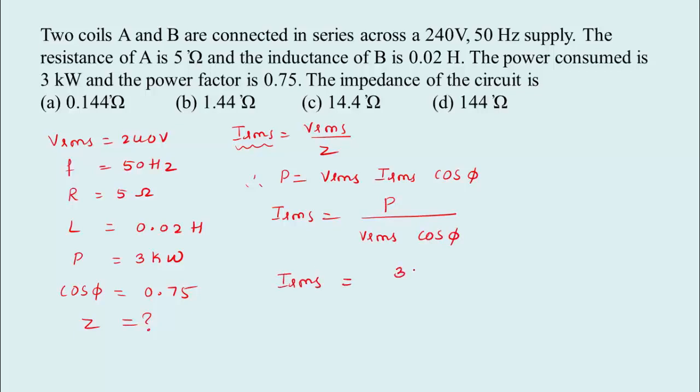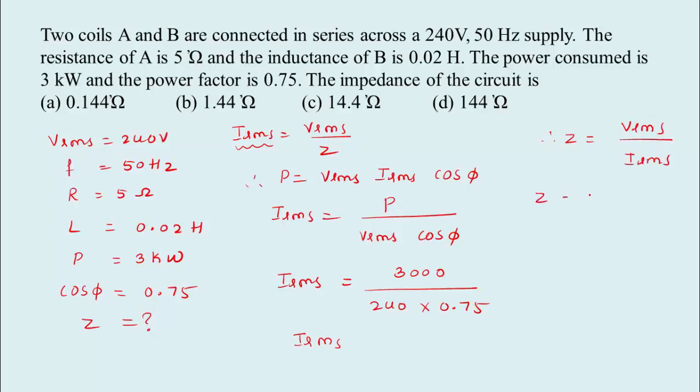Power consumed is given 3000 divided by Vrms is given 240 into 0.75. So we will get Irms equal to, keep as it is. This is Irms value. So we want Z value. So we can take, see here, Irms equal to Vrms divided by Z. Therefore Z equal to Vrms divided by Irms.